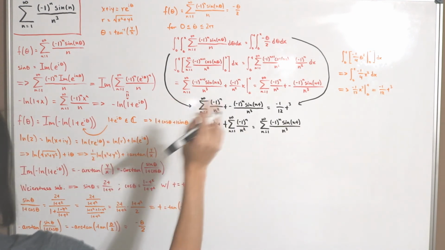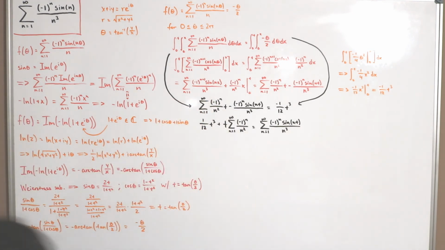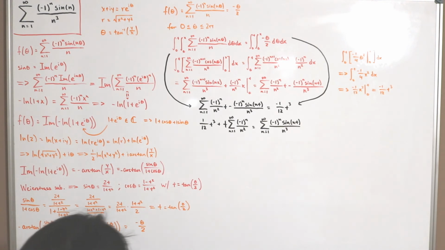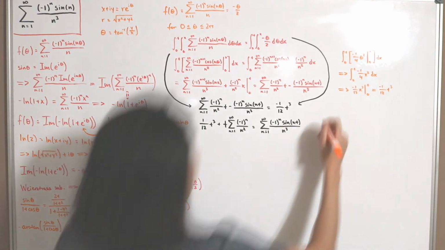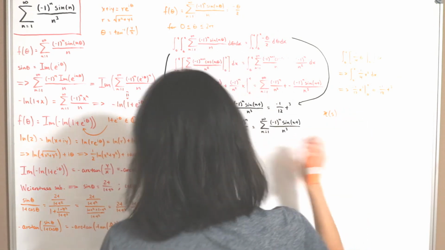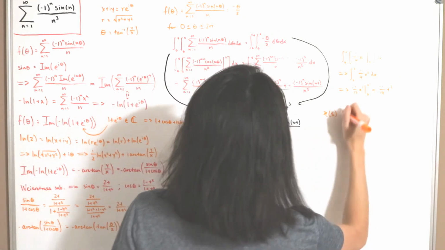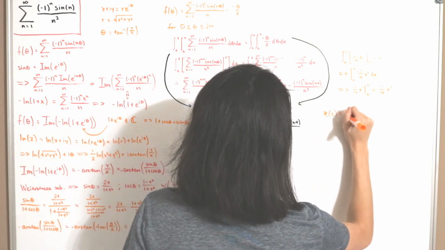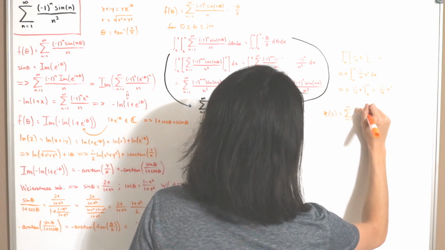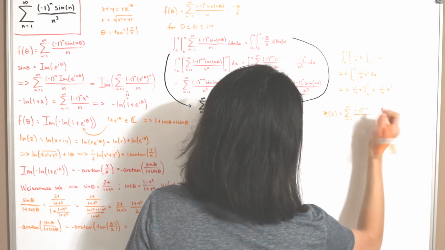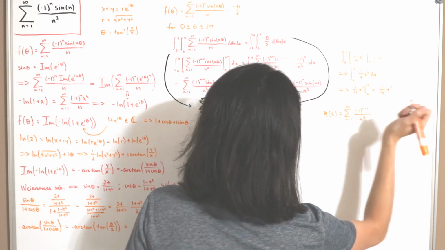Okay, now let's actually recall a little definition here. This is a little function known as the Dirichlet eta function, and it's actually defined as the following. So eta of some input s is equal to our infinite series of negative 1 to the power n plus 1, and then divided by n to the power s.